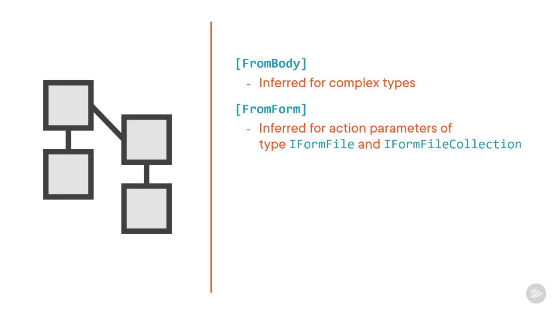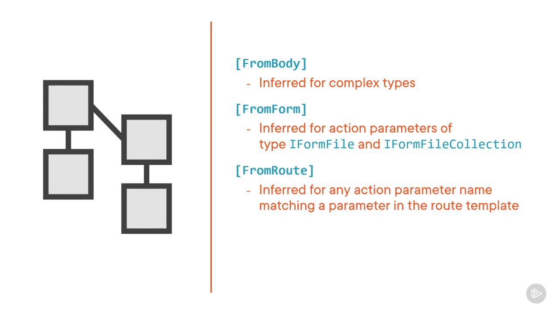FromForm is inferred for action parameters of type IFormFile and IFormFileCollection. It is not inferred for any simple or user-defined types. We won't use this one in our API. FromRoute is inferred for any action parameter name matching a parameter in the route template.